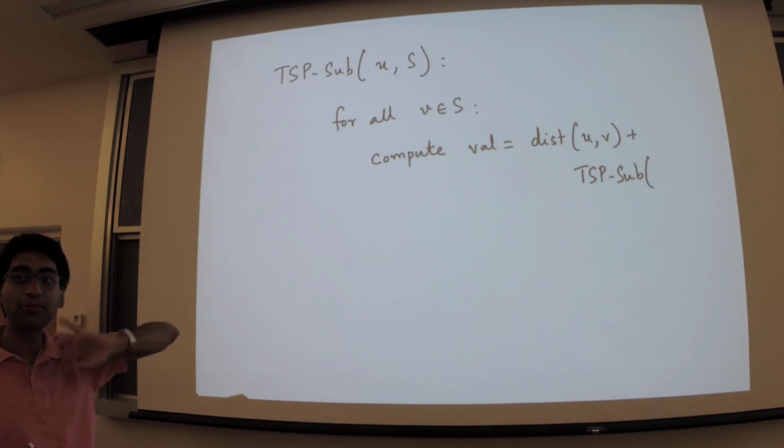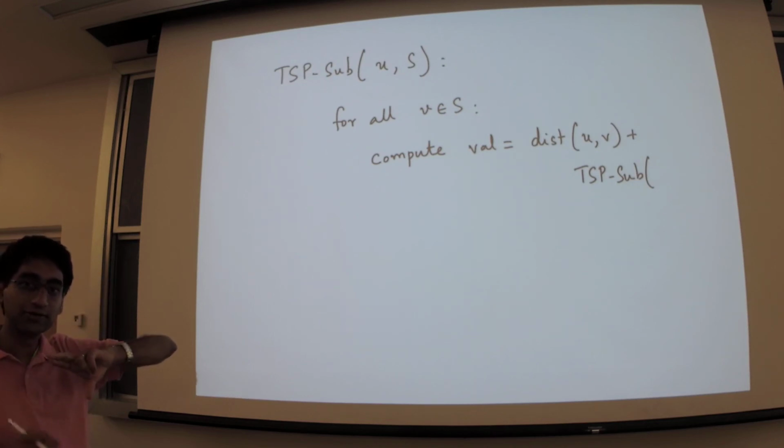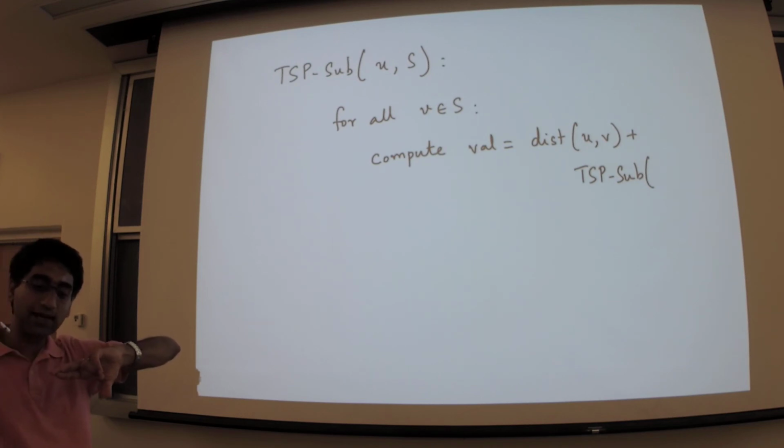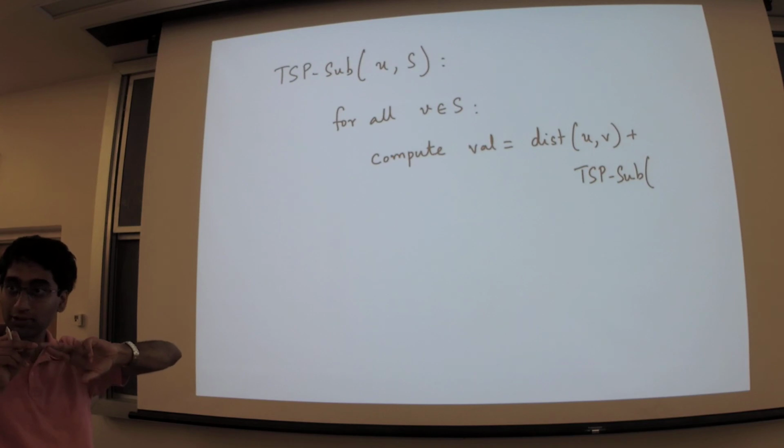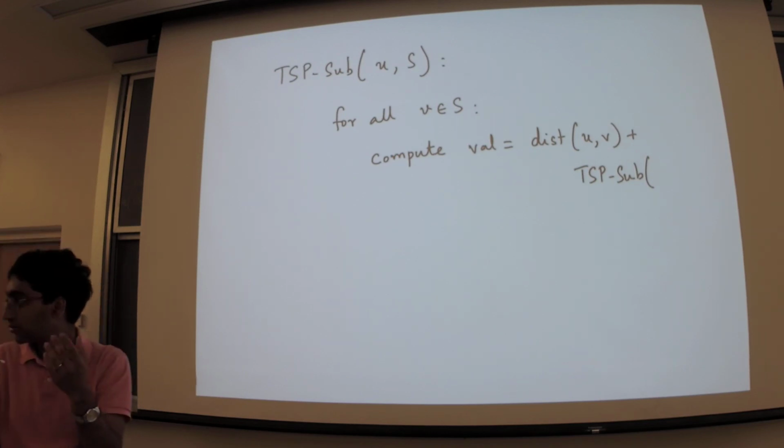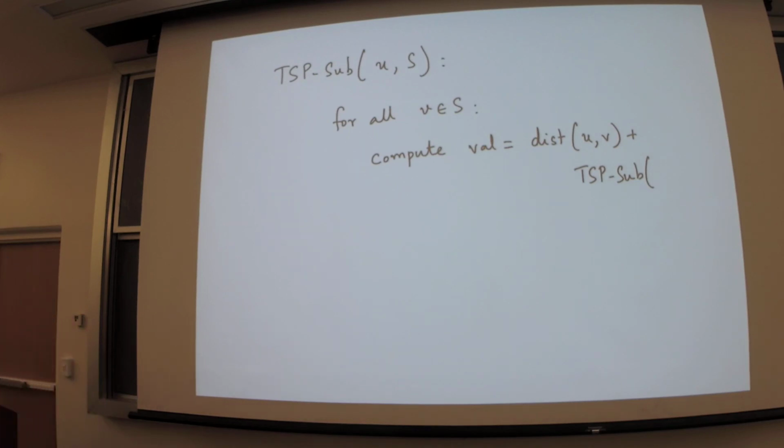And now what is the subproblem that you have left? Now you are currently at V, and you need to visit everyone in S except V, because this is the first one you've visited so far. So you need to visit V and S minus V.